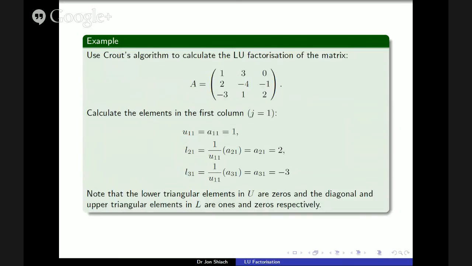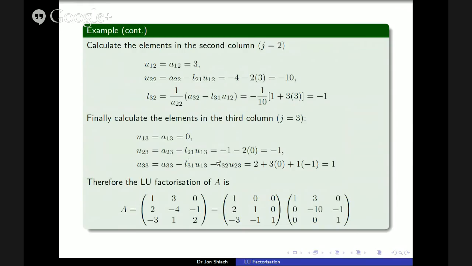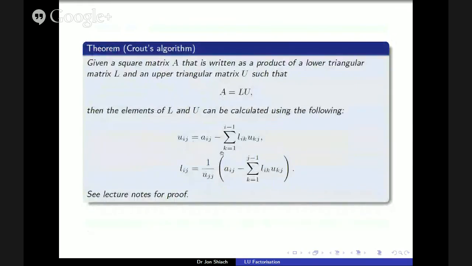Okay, L21. So this time i is 2, j is 1. Because it's a lower triangular element, we don't bother calculating the U, because obviously it's going to be 0. L21 will be 1 over U11, because j is 1, multiplied by A21 and this summation. But this summation, when j is 1, will just disappear.